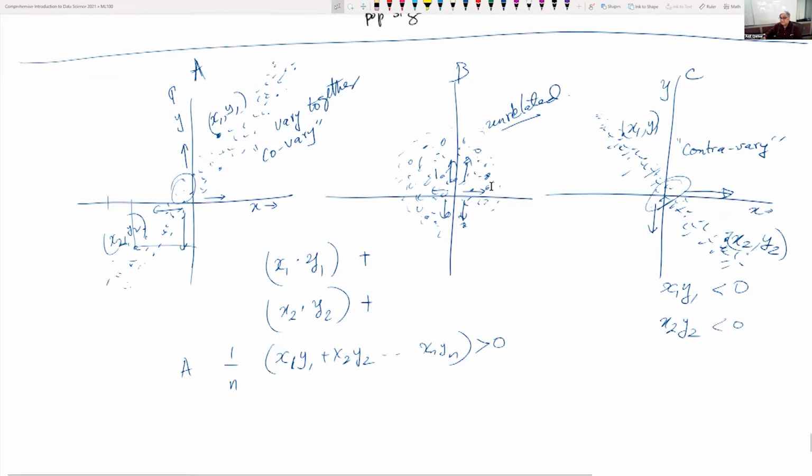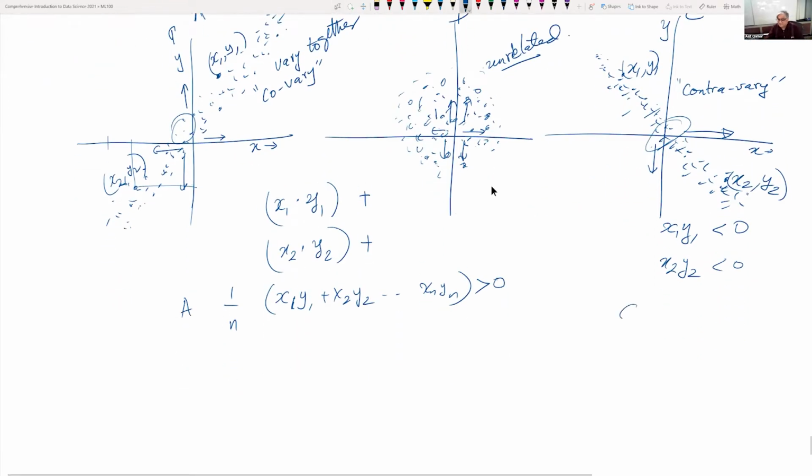And for C, the same number, which I'll now write in mathematical notation, for all points x_i, y_i, you would expect it to be less than 0 on average, right?